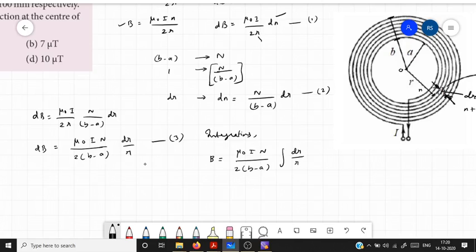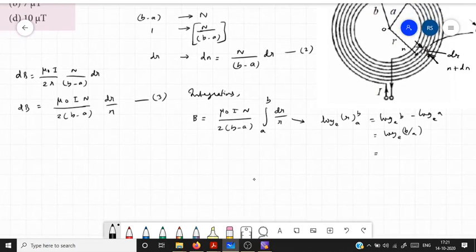The limits are obviously the inner radius A and the outer radius B. You must know that this form of integration will give you natural log, ln or log base e of r between the limits A and B, which will therefore give you log B minus log A. This can also be written as log of B by A, with base e, which we will substitute and then find out.